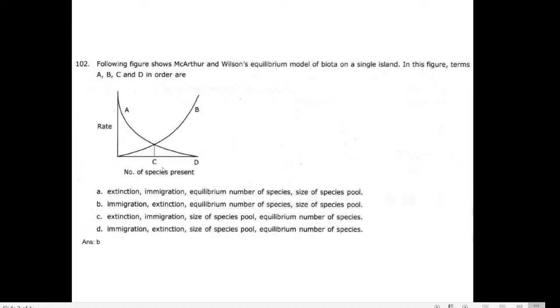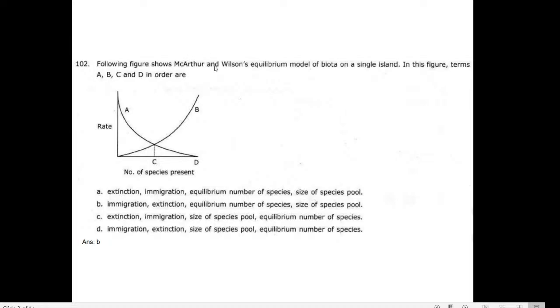Now island C, there is no change, there is an equilibrium number of species. In D there is a size of species pools. A, B, C denote the island numbers: A is one island, B is an island, C is another one. It's a fixed model by the MacArthur and Wilson equilibrium model.